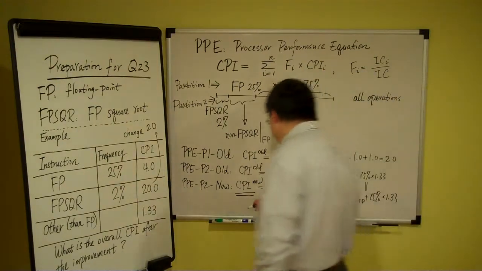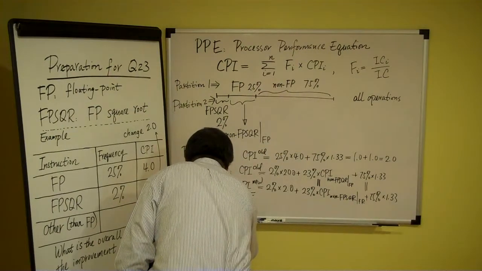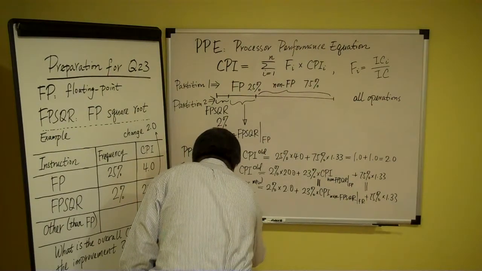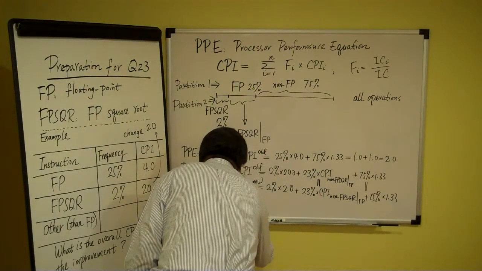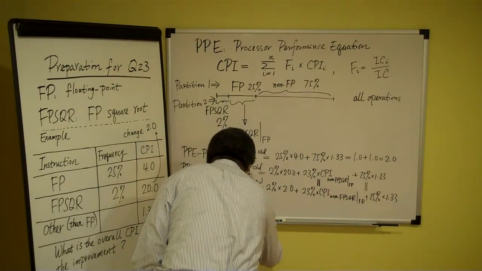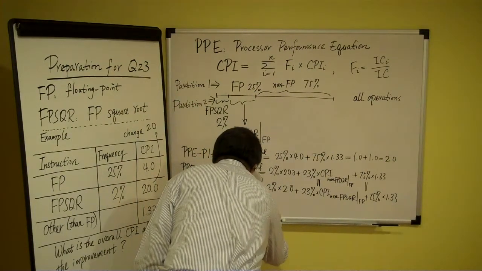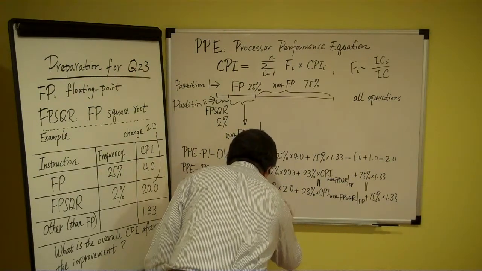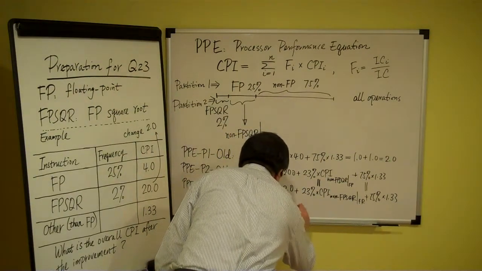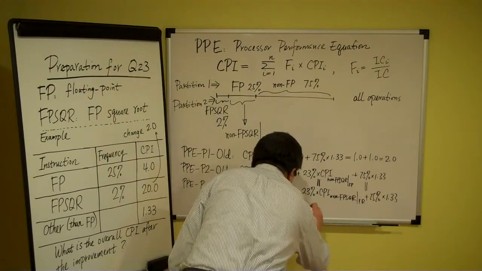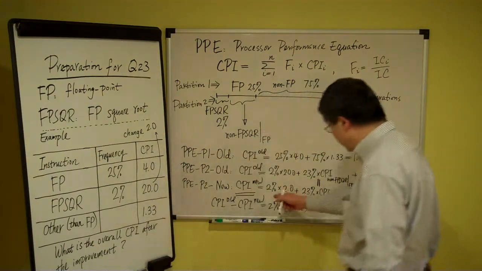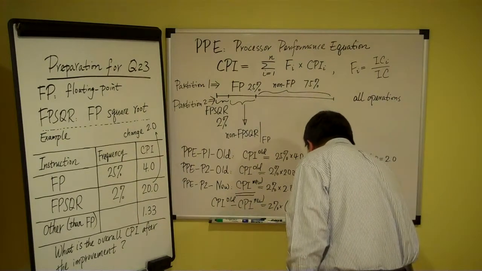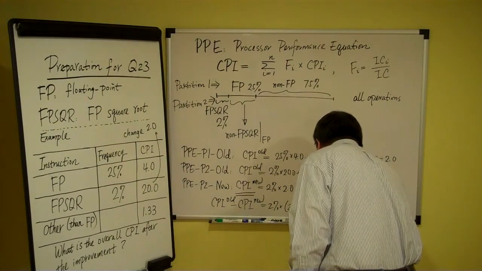CPI old minus CPI new equals 2% times 20 minus 2, 18 multiplied by 2%, 0.36.